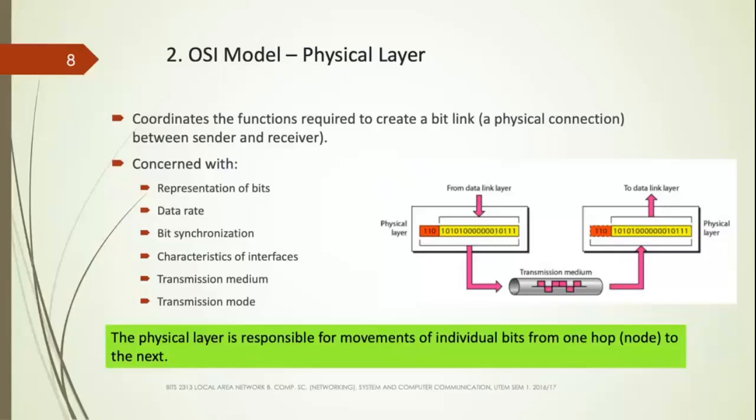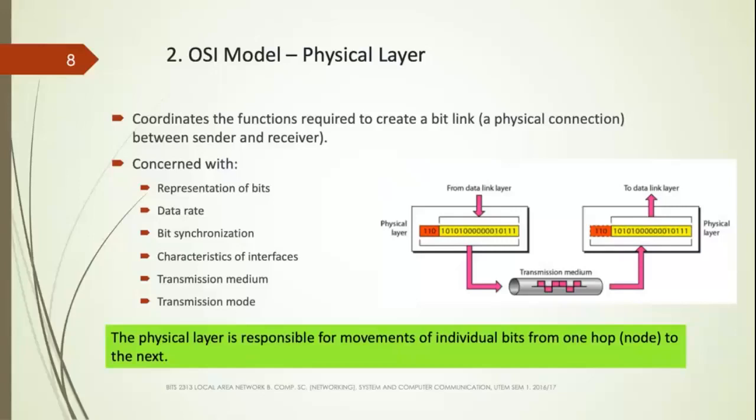The first one is 1 1 1, and then 0 1 0 1 0. That is the first data rate, and the data is different from the second data rate. That is why we have to be concerned about different data rates.